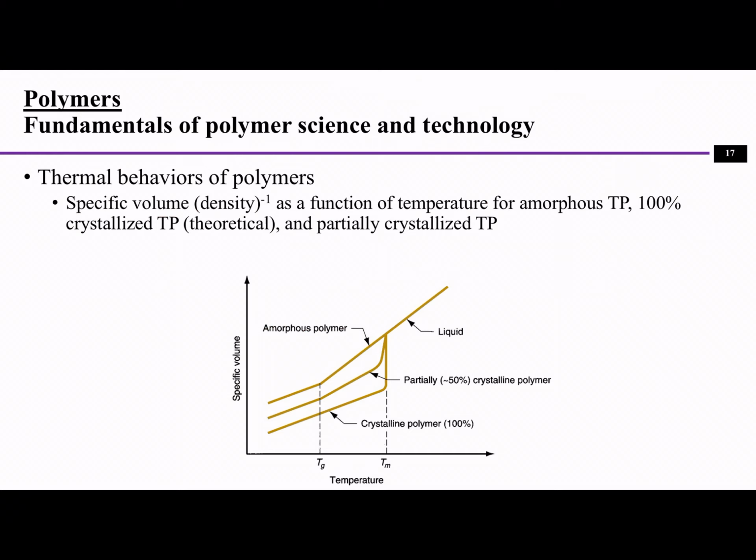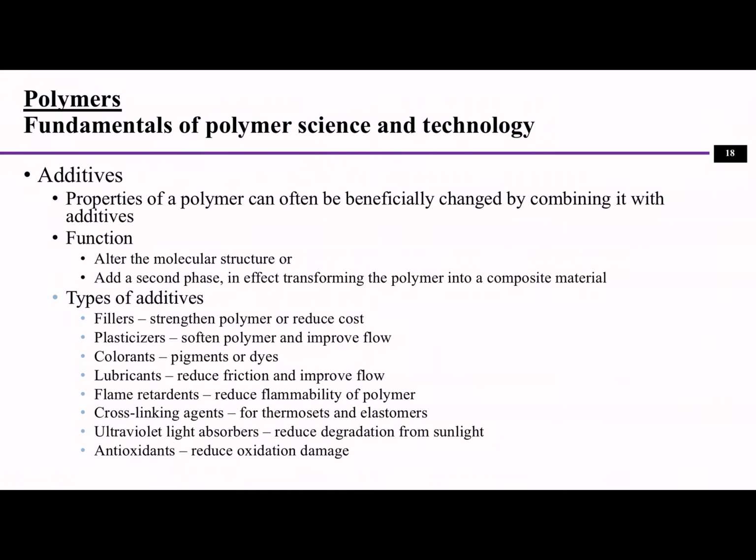If it is a high degree of crystalline structure, then it will start to show behavior like a sudden change of the volume at the melting temperature, compared to a partially crystalline polymer, while an amorphous polymer is more like glass or typical amorphous structures. So this is how crystallization affects the polymer's properties.